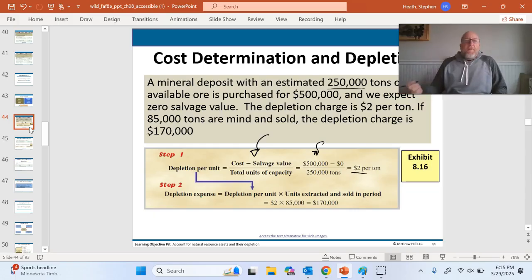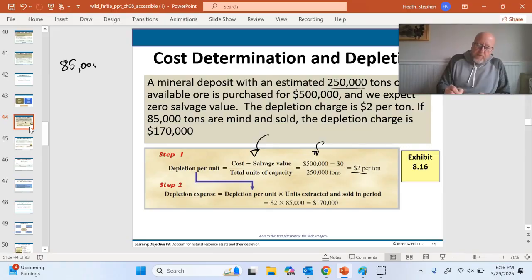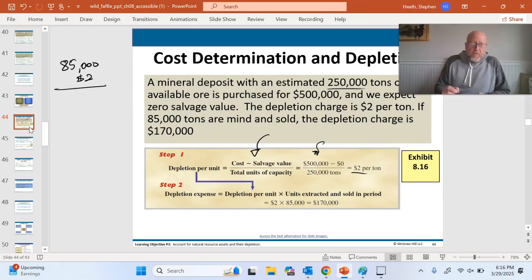Okay. And then the question is asking us to assume that in the first year, 85,000 tons are mined and sold. The depletion charge would be 170,000. And again, it's 85,000 tons times the $2 in depletion charges per ton for a total of 170,000.